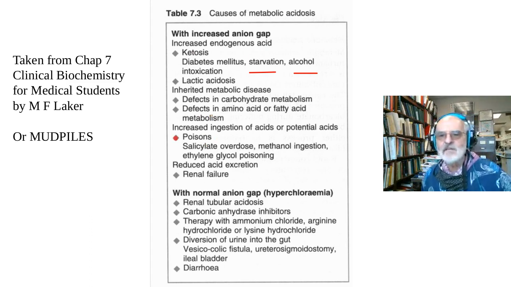But the other things that I primarily talk about are ingestions of poisons. So, for example, salicylate overdose, that's aspirin overdose. If you ingest too much aspirin, it goes into your bloodstream, it dissociates protons, that causes a titration of the bicarb, that causes an anion gap. Methanol ingestion.